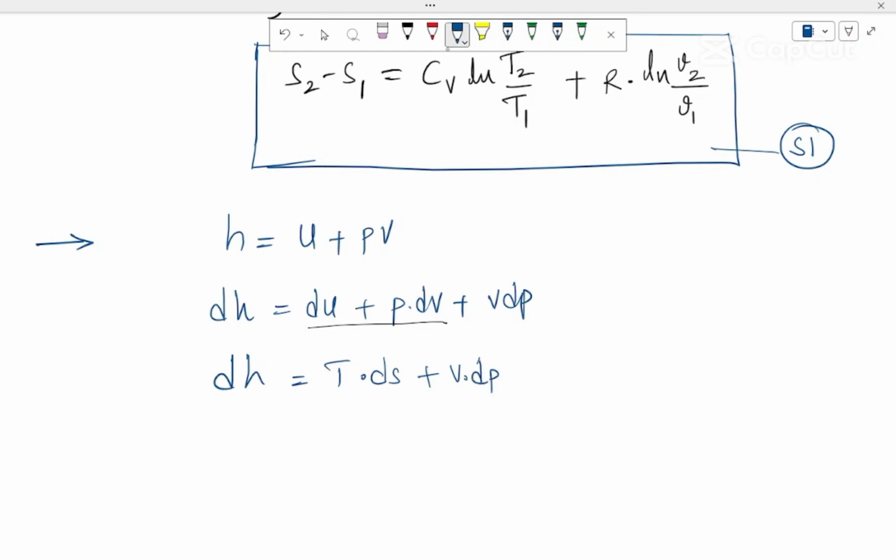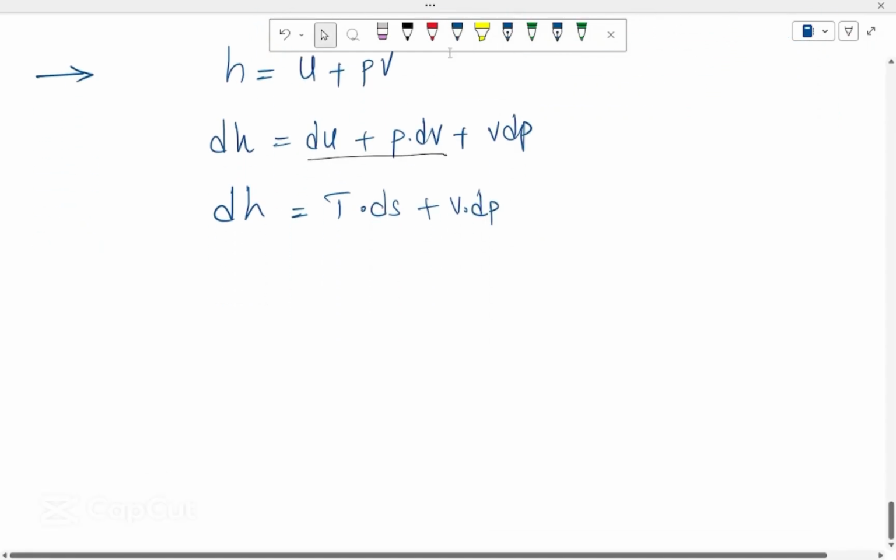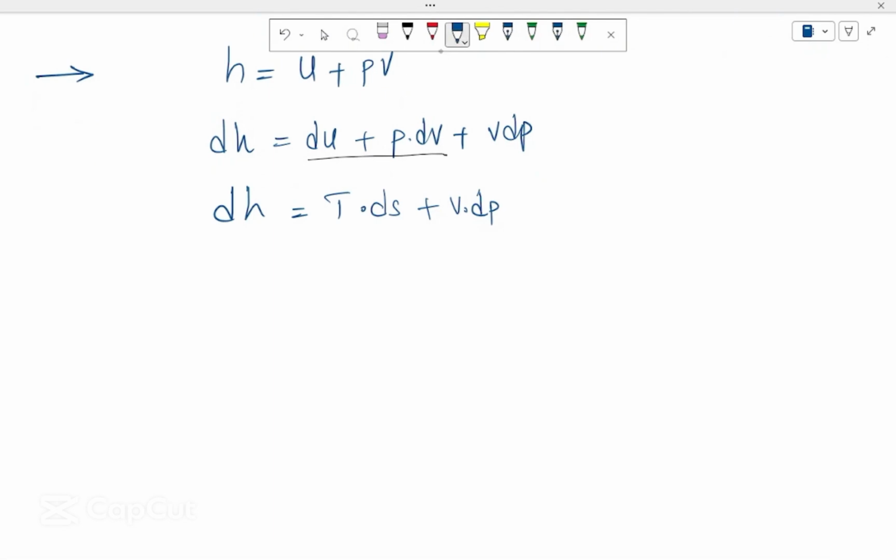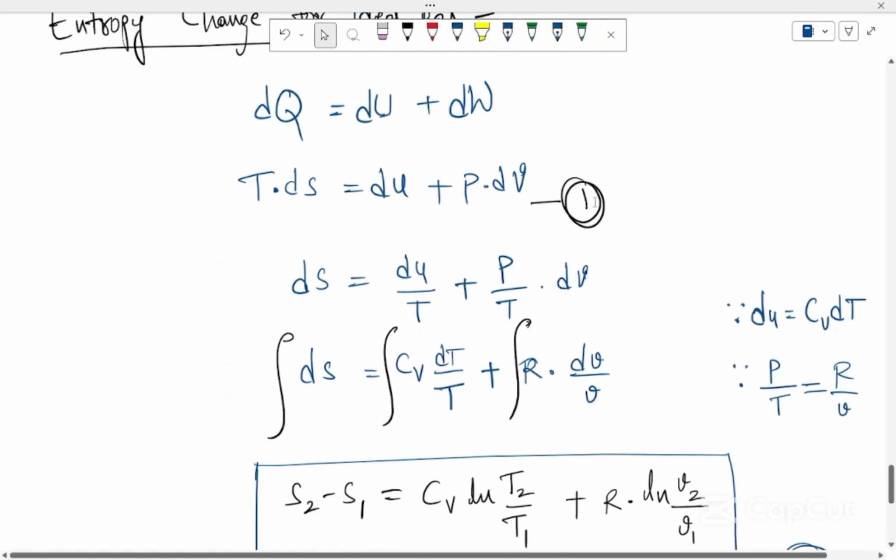Basically what I want here is TdS, the entropy change, so I take TdS onto this side. TdS will be dH minus VdP. This is another form of your TdS expression. Let's call this expression 2, and the earlier one expression 1.